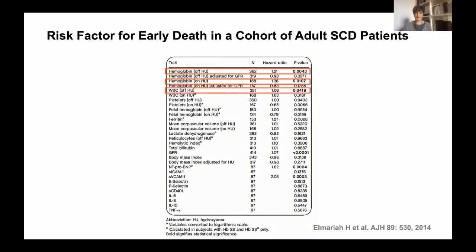On the other side, we have total white blood cell count, we have kidney function through the glomerular filtration rate, and we have NT-proBNP, which is exploring the cardiovascular and pulmonary disease, as well as VCAM1, which is a soluble marker of inflammatory vasculopathy.